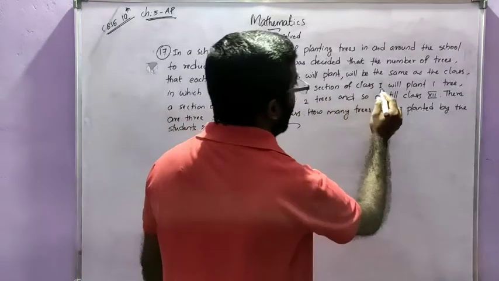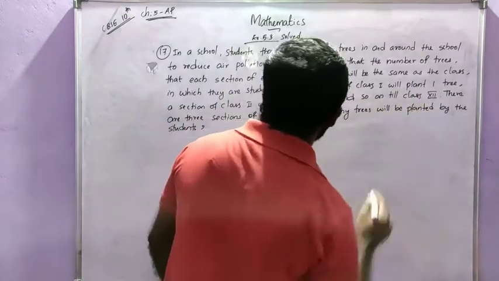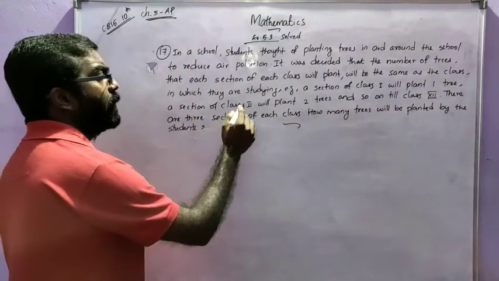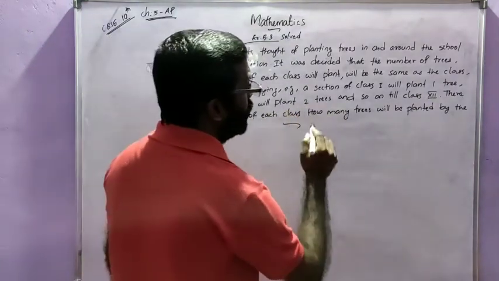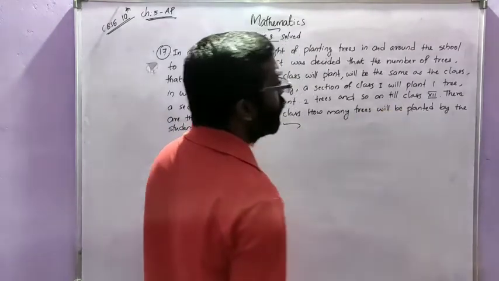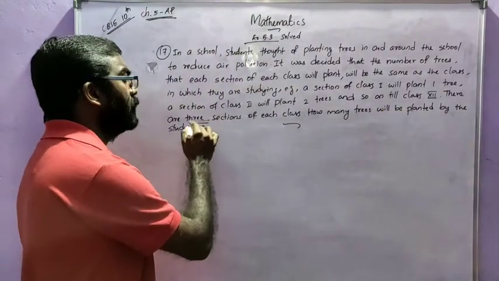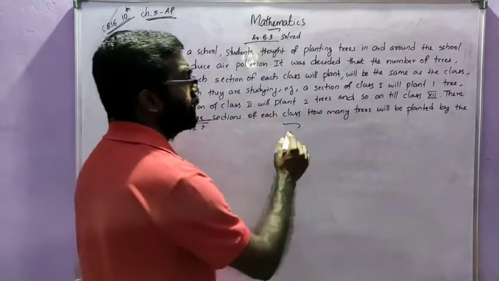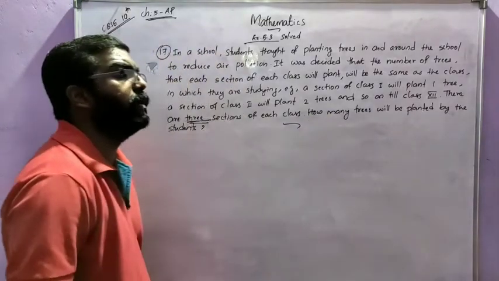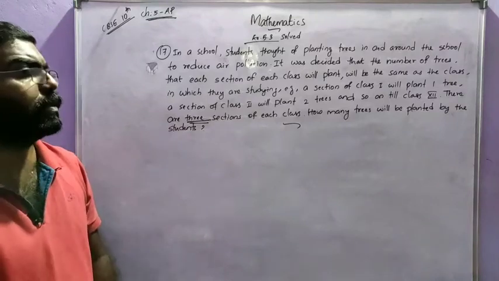For example, a section of class 1 will plant 1 tree, a section of class 2 will plant 2 trees and so on till class 12. There are 3 sections of each class. How many trees will be planted by the students?